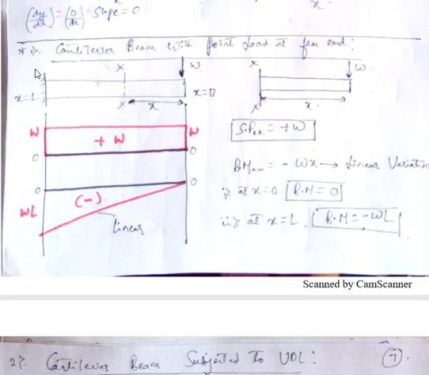We need to consider a beam, and we need to plot a shear force diagram and bending moment diagram with respect to length. For different cross sections, what is the bending moment? And in that, what is important for us is which section is subjected to maximum shear force and maximum bending moment.